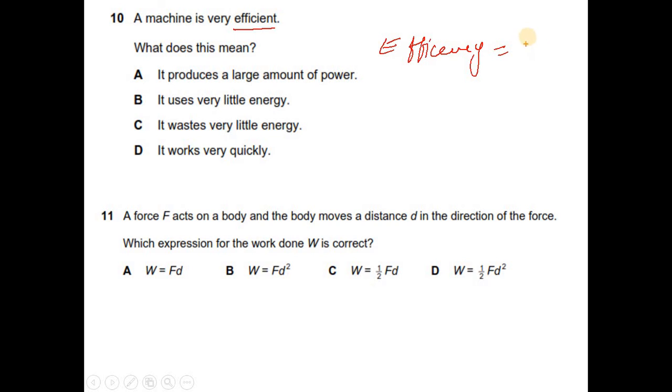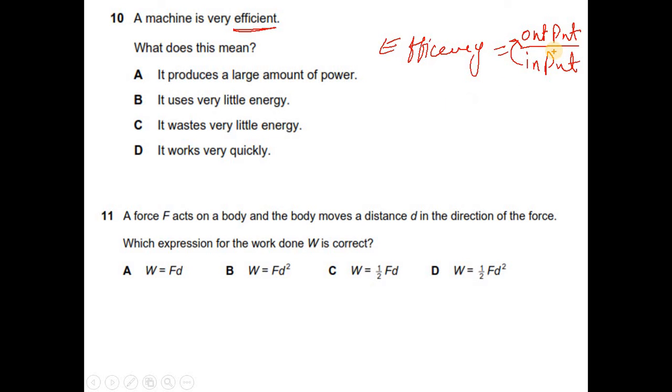Efficiency is all about how much output you get against the input. That means it's all about how much energy from the input is being converted into output. So being efficient is all about wasting a very small amount of energy.